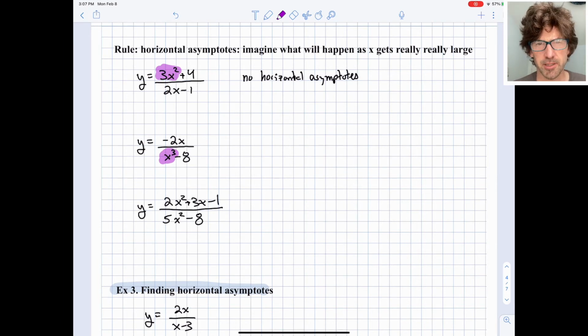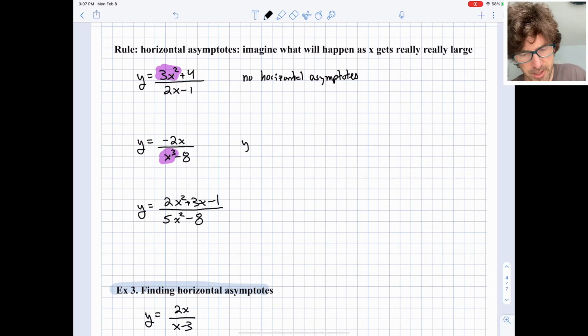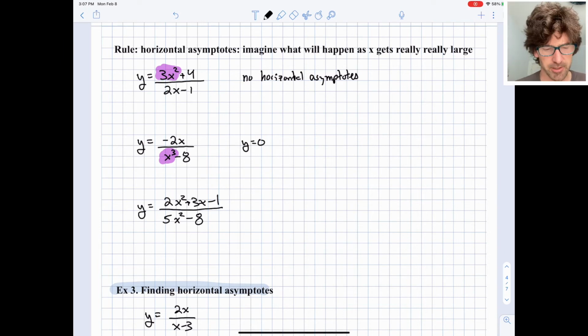That's what's going to really matter as x gets huge. And I hope you can see as x gets larger and larger, we're going to be dividing by a tremendously large number. And so when we divide by a tremendously large number, we approach 0. So in this case, we have a horizontal asymptote of y is equal to 0.